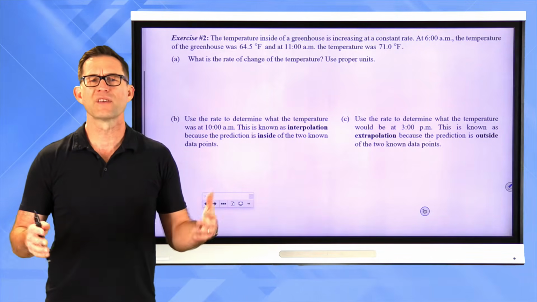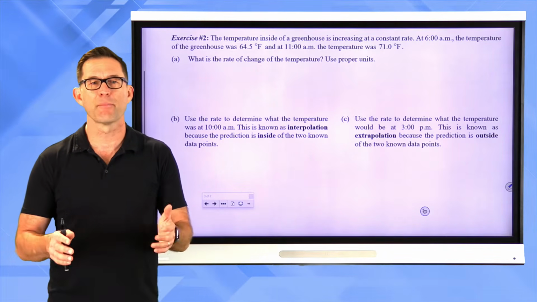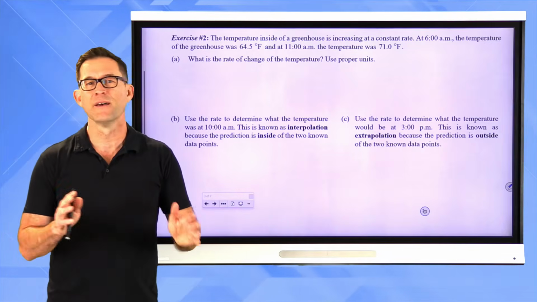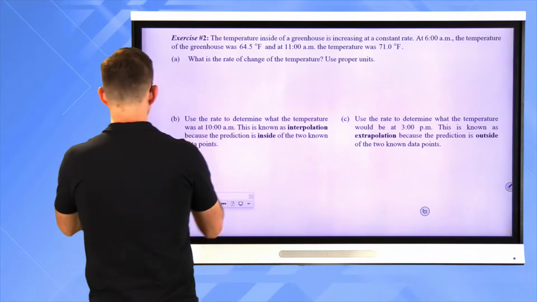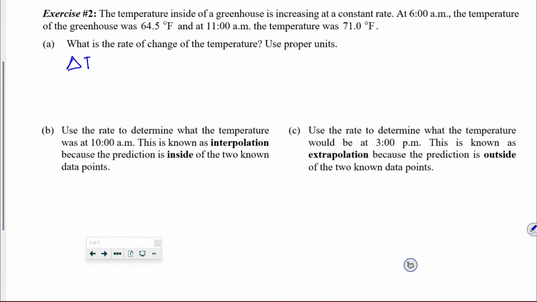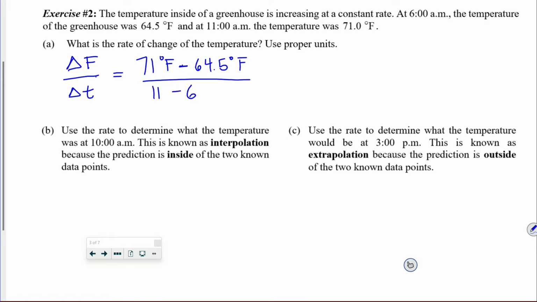Well, I'm going to use capital F for Fahrenheit as opposed to capital T for temperature, just because I'm going to use lowercase t for time here. So what do I know, right? I want to know what the change in the Fahrenheit temperature is, compared to the change in time. All right. I know that I have 71 degrees Fahrenheit minus 64.5 degrees Fahrenheit, divided by 11 minus 6.